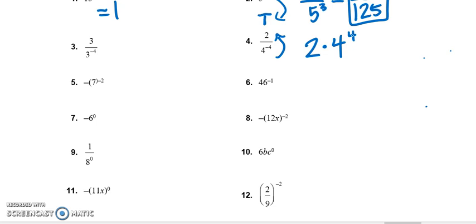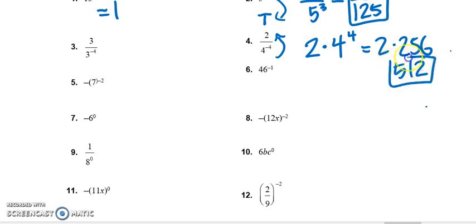And then 4 to the 4th, I'm going to use my calculator because that's 16 times 16, which is 256, so it's going to be 2 times 256, which is 512. So that's our answer.